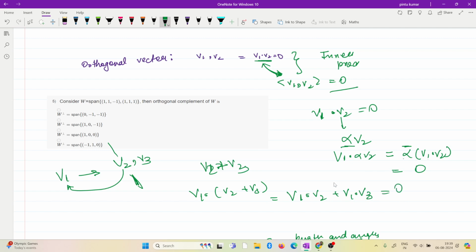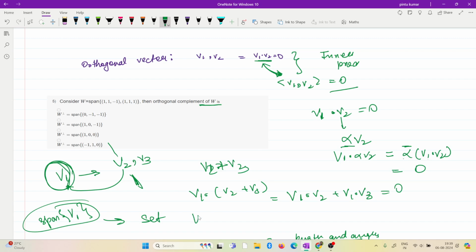So if you take the set of all vectors orthogonal to v1, you will again obtain a subspace. This is what I mean. And that is what is given by the orthogonal complement. So the orthogonal complement of the span of v1 would be the set of all vectors which are orthogonal to this particular set. So span of v1 would be a set.